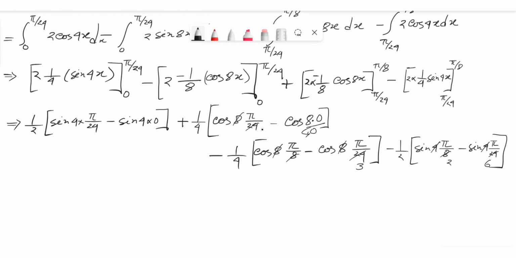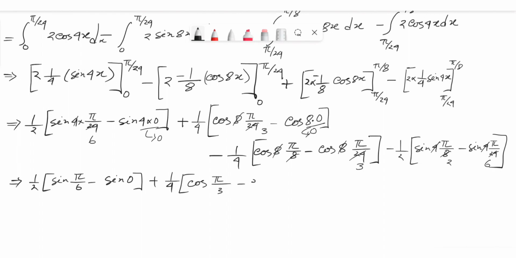From this one it will give us 0, from this one simply 3, and this will give us 0, and this will be 6. So from here we have 1 by 2 sine pi by 6 minus sine 0 plus 1 by 4 cos pi by 3 minus cos 0 minus 1 by 4.